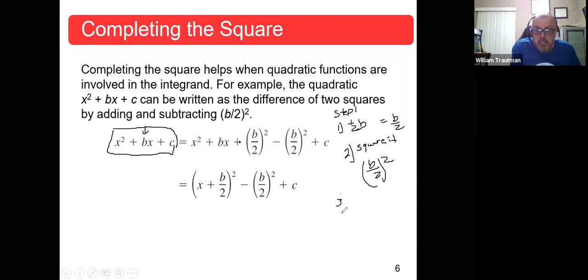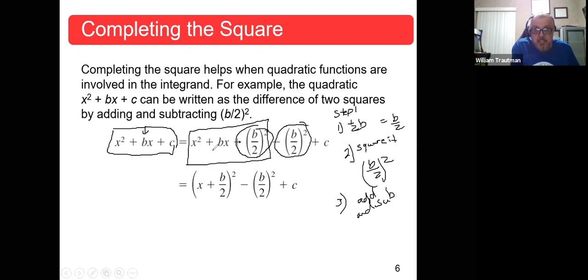Step 3 is you add it and subtract it. We don't want to change the problem. So we added it and we subtracted it. What we're doing is using this to complete the square. And then step 4 is the automatic factoring.